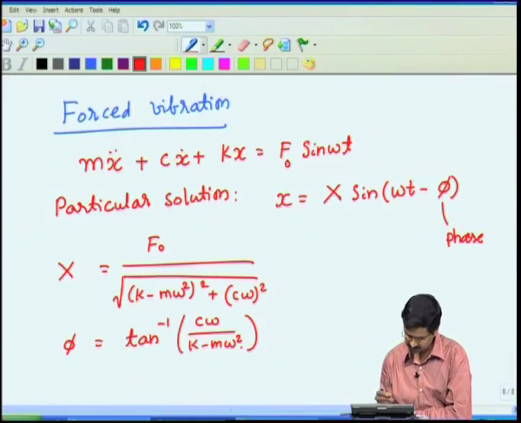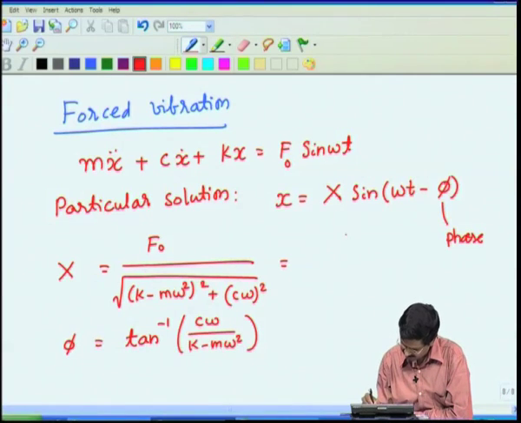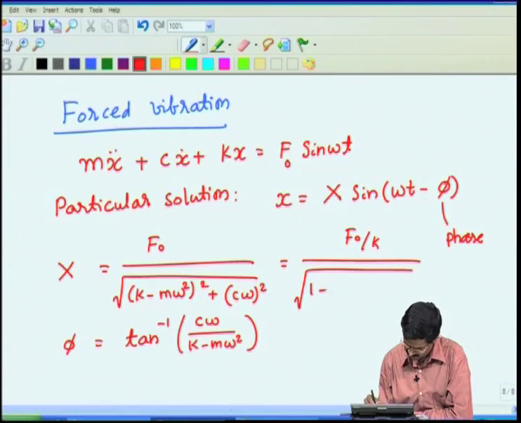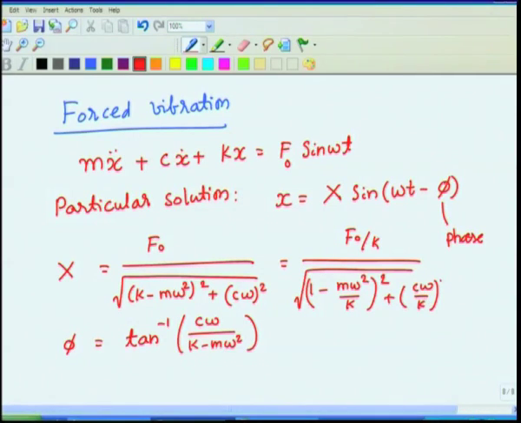Now, this part can be rewritten in a convenient way, f naught divided by k, square root of (1 minus m omega square over k) whole square plus (c omega by k) whole square. We have basically divided by k both the numerator and denominator.